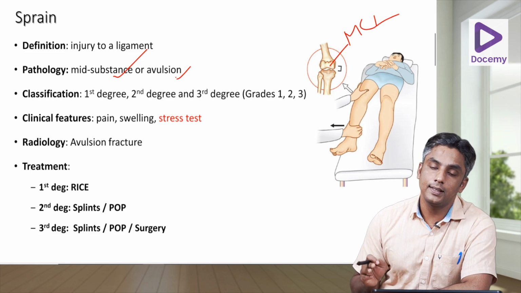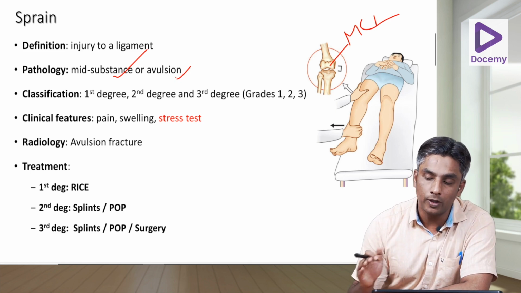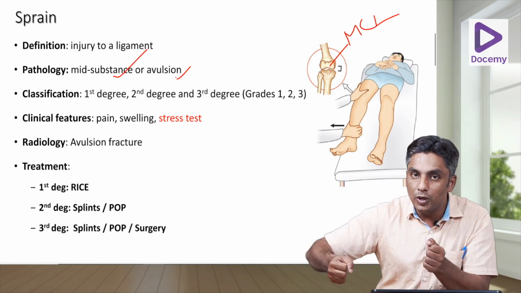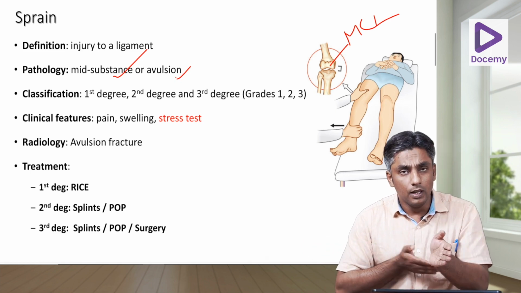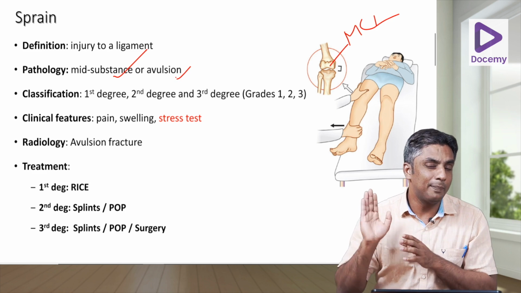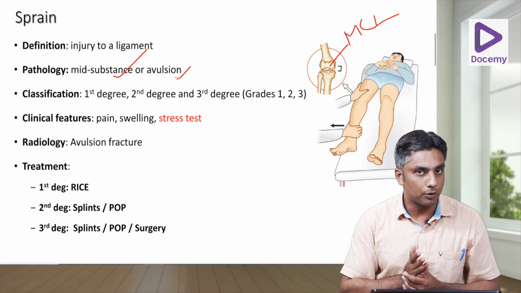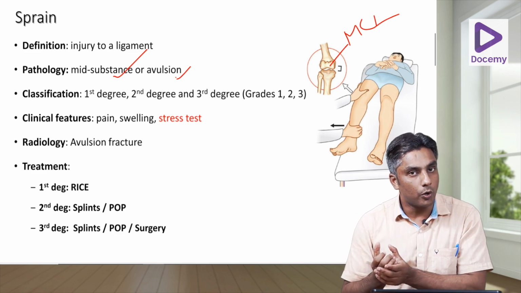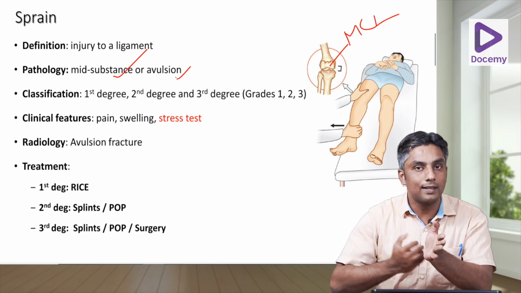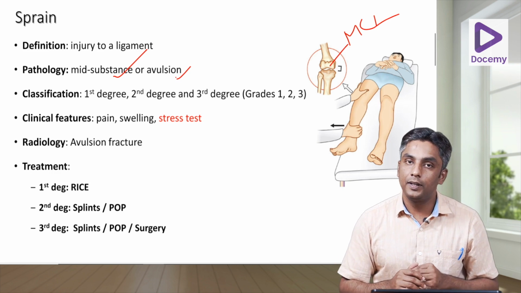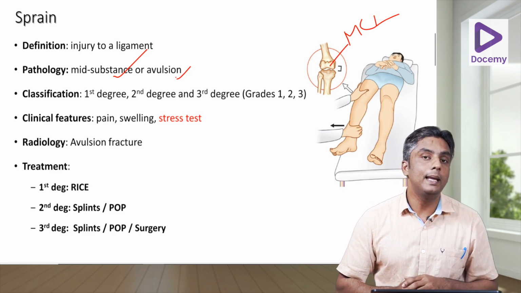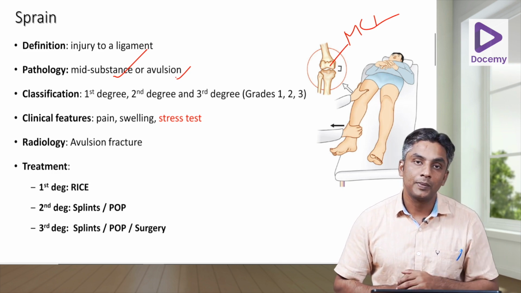The medial collateral ligament stabilizes the medial part of the knee. If the MCL is torn and you give a valgus stress, the medial side will open up. That is classically depicted in this figure. So the stress test is an important clinical test in case of a sprain.